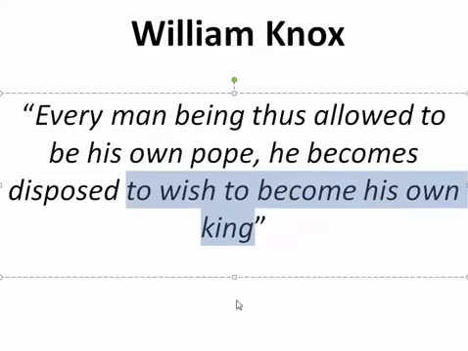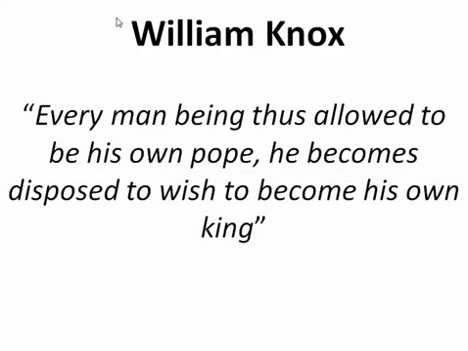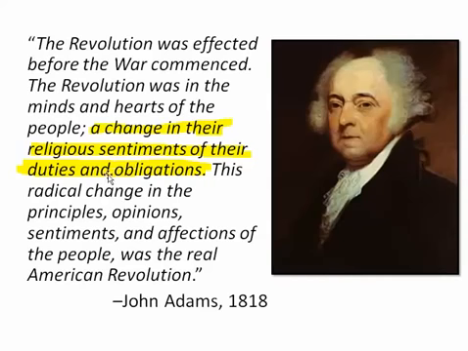In other words, self-government. So William Knox hit on something there. And if we look at John Adams' quote again, he said the revolution was effected before the war commenced. The revolution was in the minds and hearts of the people, a change in their religious sentiments of their duties and obligations. He touches here on these religious sentiments.